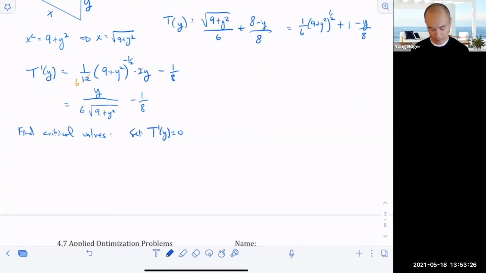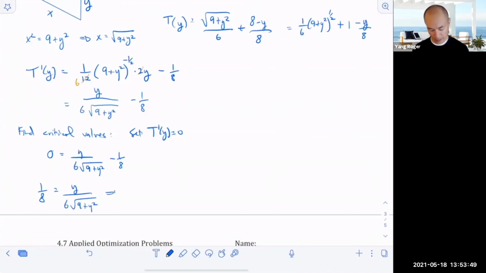We're going to get 0 is equal to y over 6 times the square root of 9 plus y squared, minus 1 over 8. That's going to give us 1 over 8 is equal to y over 6 square root of 9 plus y squared. That's going to give us 6 square root of 9 plus y squared is equal to 8y.